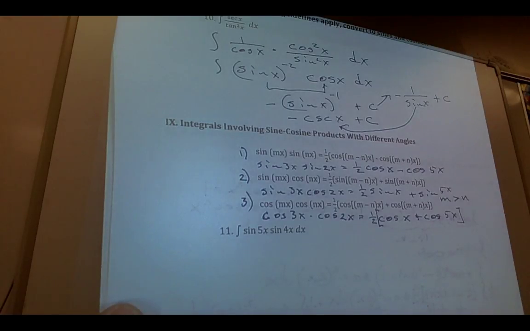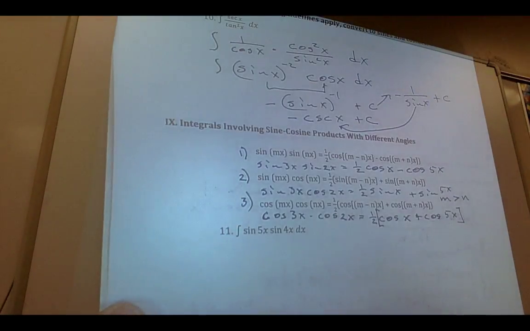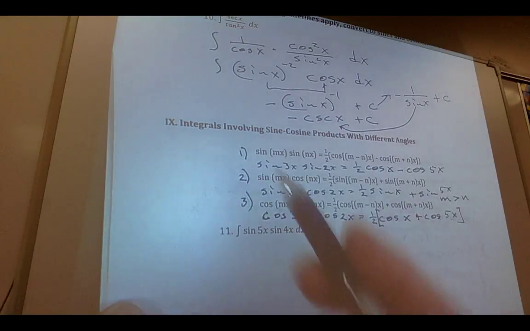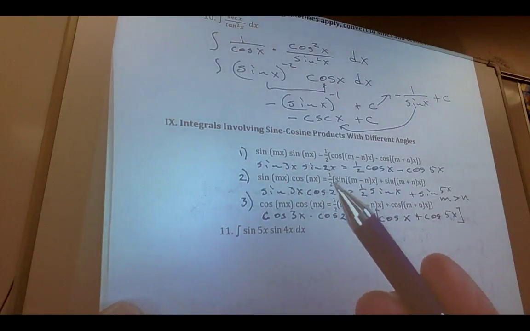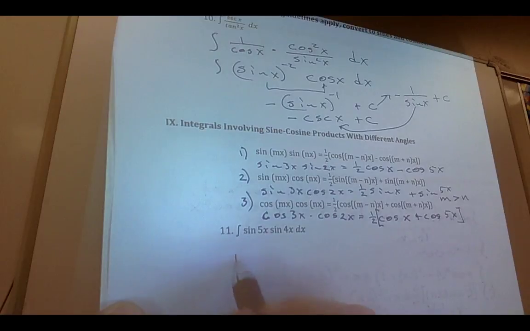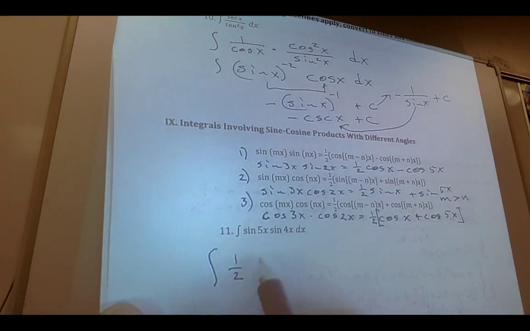Okay. So which of these am I going to use? I'm going to use line 1, correct? So this is going to be 1/2, and I'm going to integrate this. I'll write the integration symbol. And it's going to be 1/2 the cosine of what? Just x.